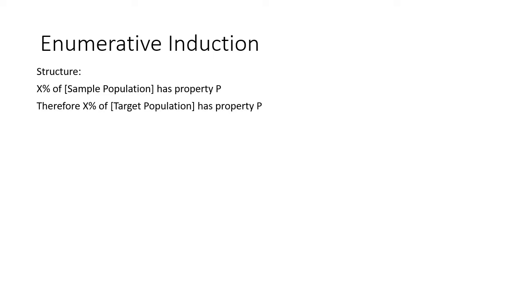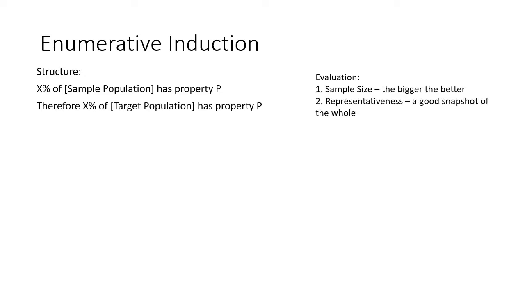The conclusion will always be something more general. So from that statistic, from that sample, we generalize to say that that percentage or somewhere near that percentage of a more general target population also has that property.